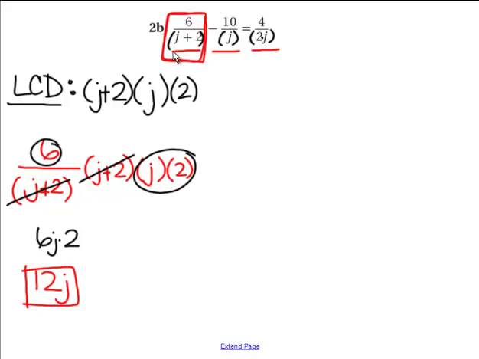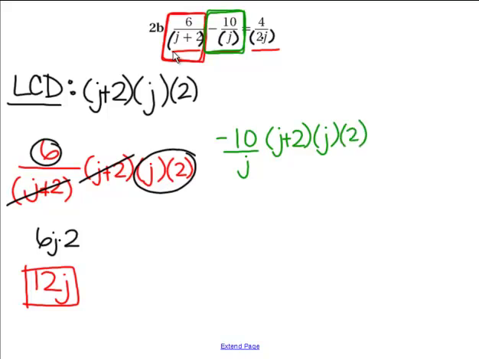Now just hang on to that for a second because we're going to do the same thing with all of our other fractions. So this next one, we start with a negative 10 divided by j. So multiply by the LCD, which is j plus 2 times j times 2. And again, we see some stuff crossing off. The j's cross off, and we're left with negative 10 times j plus 2 times 2.